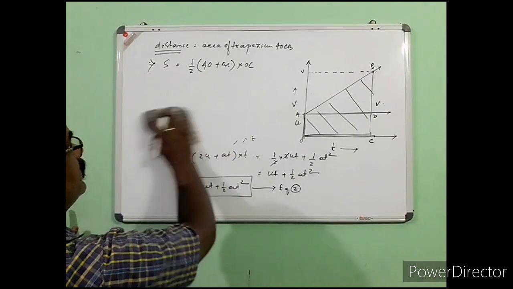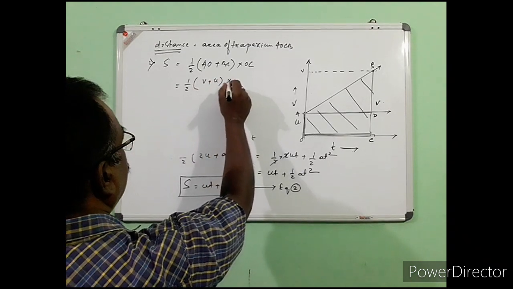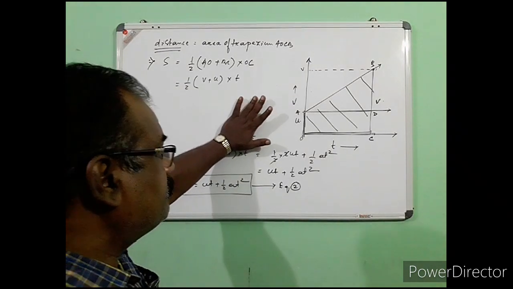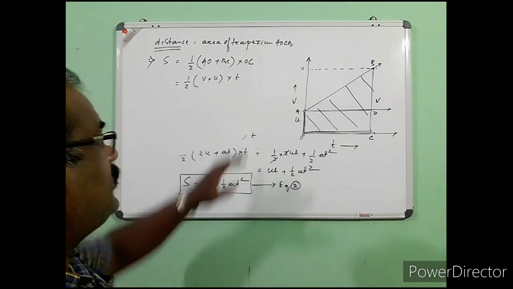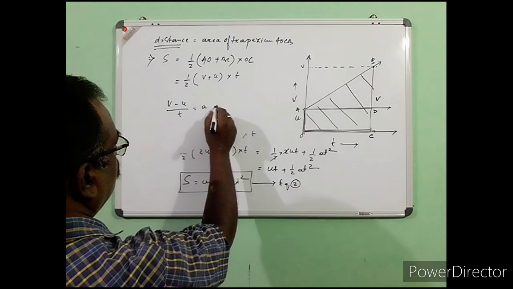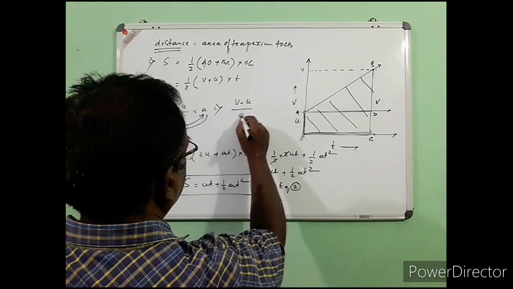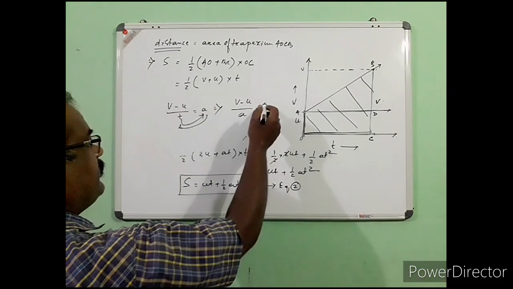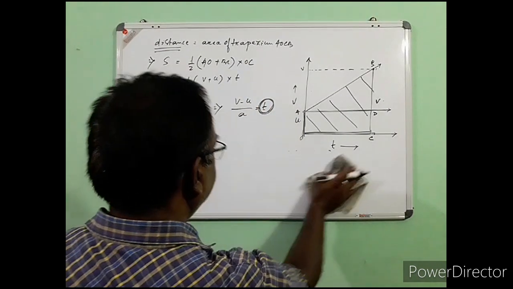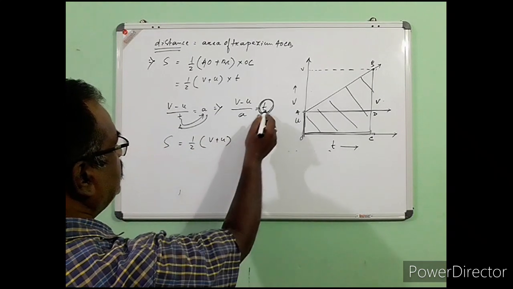Now we get this equal to half into (V plus U) into T. But as we know, from the first equation we have (V minus U) by T equal to A, so replacing these values, (V minus U) by A is equal to T. Now if we substitute the value of T here, we get S equal to half into (V plus U), and in place of T, (V minus U) by A.